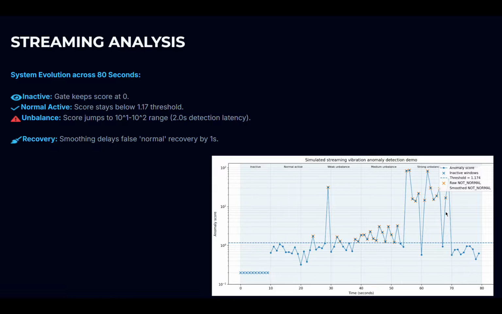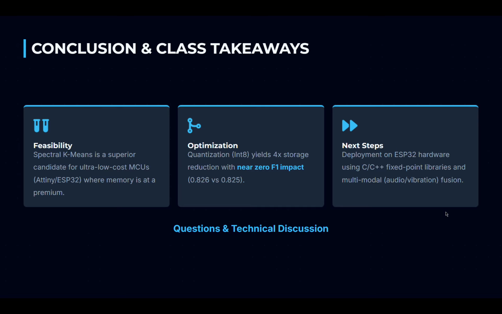All right, so I guess the last thing is the takeaways. What we can conclude is that the project demonstrates that a k-means model can, in fact, effectively detect vibration anomalies on resource-constrained devices, and it also shows that the final model was pretty good.